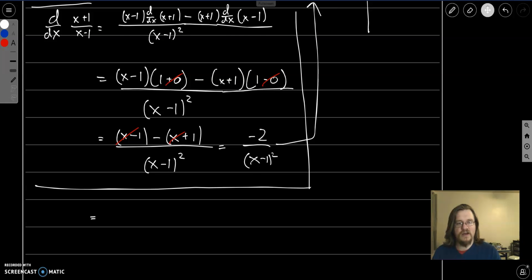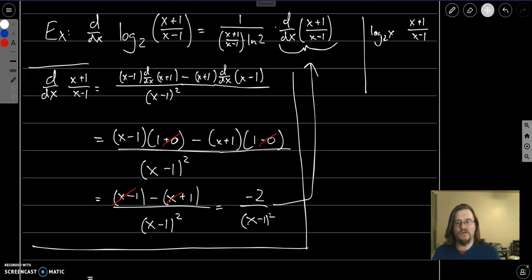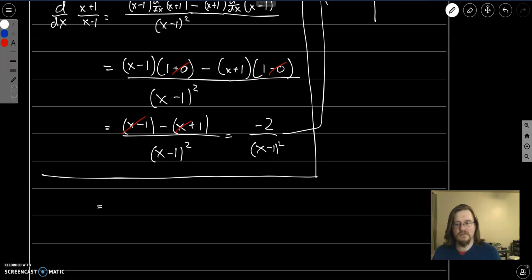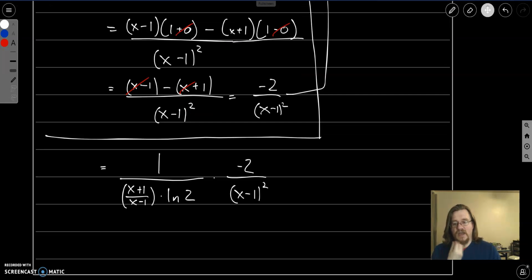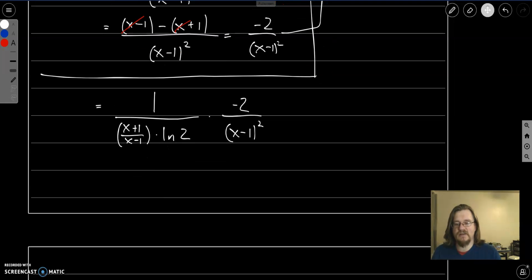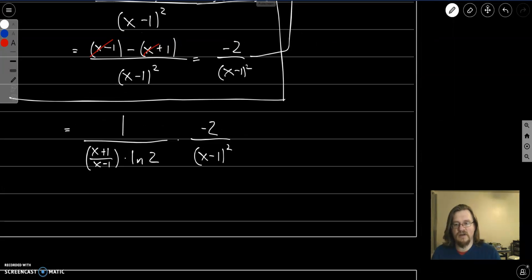So if I come back up here, I've got 1 over x plus 1 over x minus 1 times the natural log of 2 times negative 2 over x minus 1 squared. And this we can simplify a little bit.